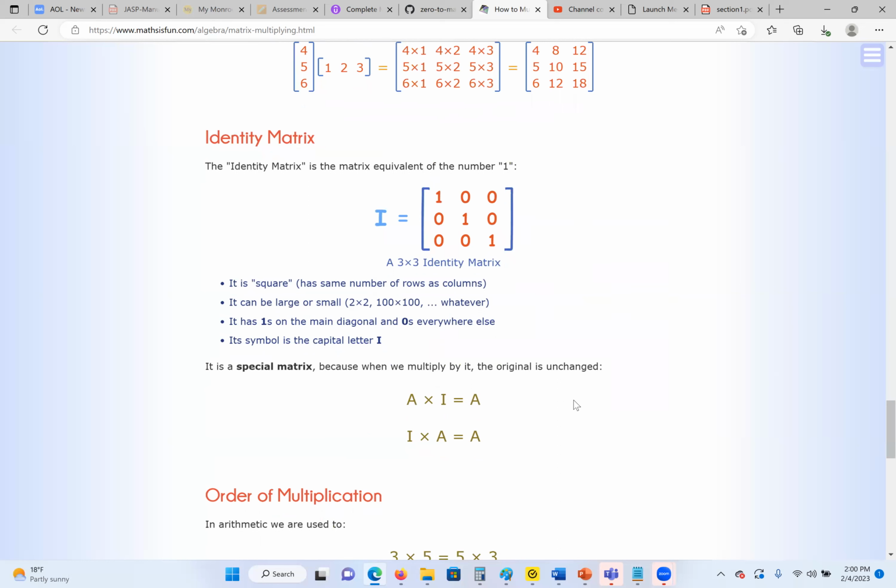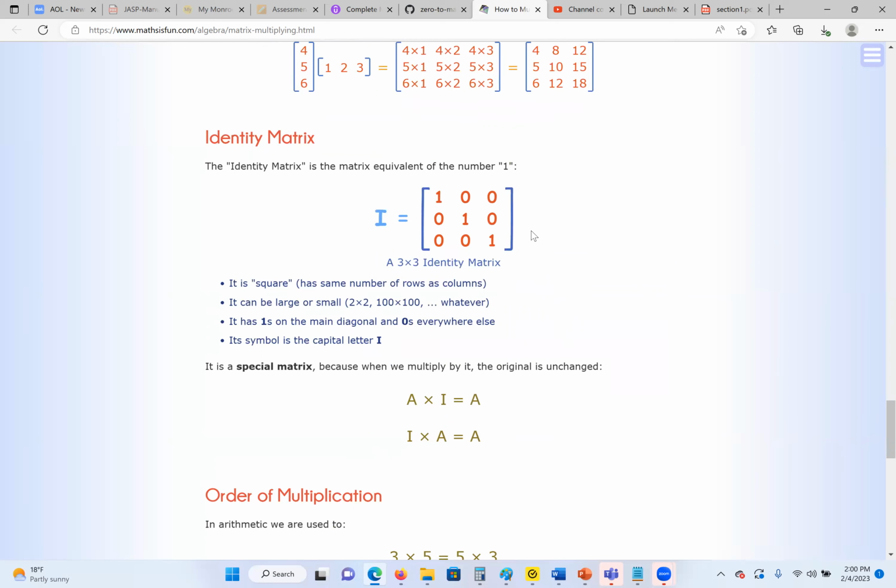Also, for example, in NumPy, the Python package NumPy, we can also use it to create an identity matrix. An identity matrix is a matrix that has 1 on the diagonal and the rest of the elements are 0. So here we see the identity matrix is the matrix equivalent of the number 1, on the diagonal.